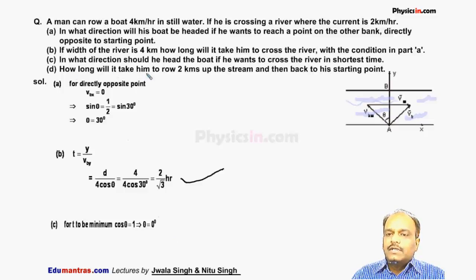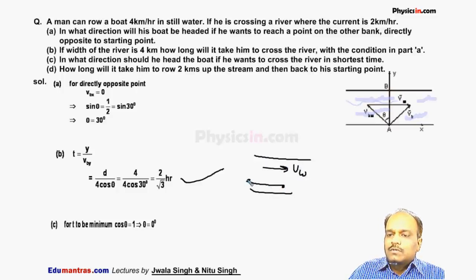How long will it take him to row 2 km up the stream and then back to his starting point? Now when this boat is moving upstream, means if the water is flowing in this direction, the boat is moving in this direction and again moving back.